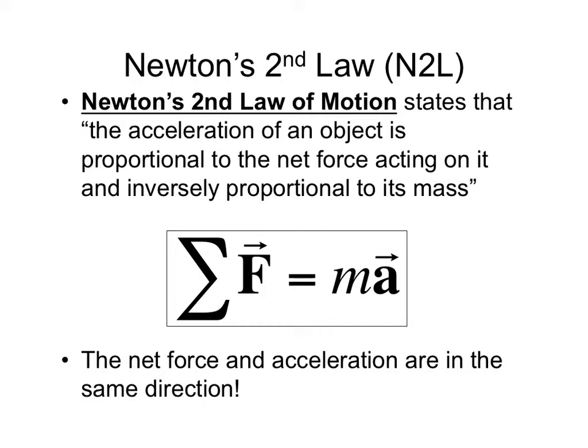You may be wondering, and I think we mentioned this before, what this funny-looking symbol is right here. This is the Greek letter sigma, which really means the sum of, S-U-M.